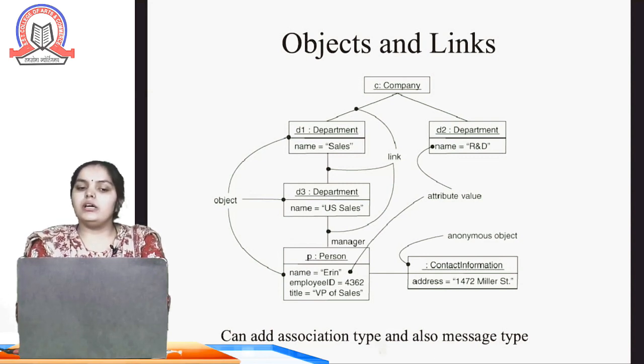These are all objects of a company. So we represent company as a class name, and these departments and person as objects, and we show the details in that diagram, which are known as attributes.